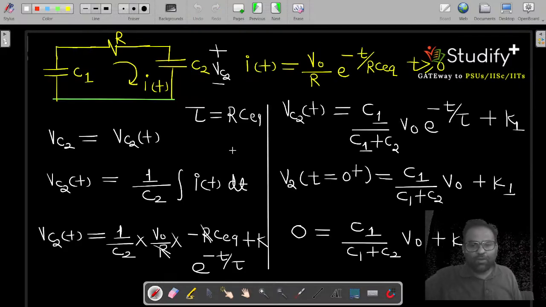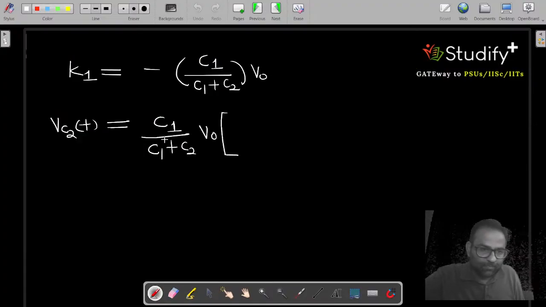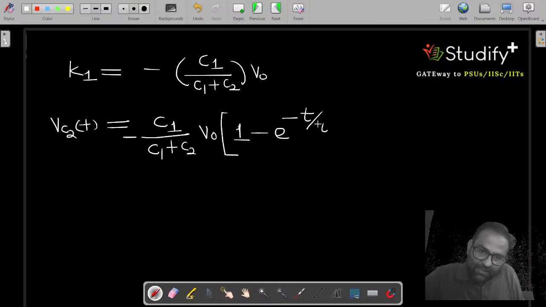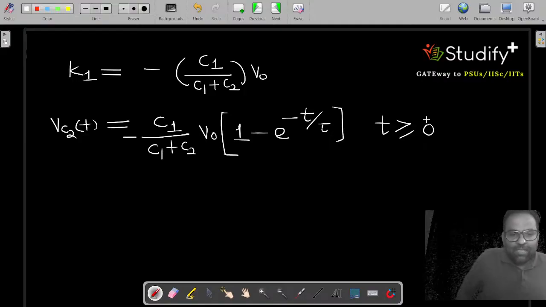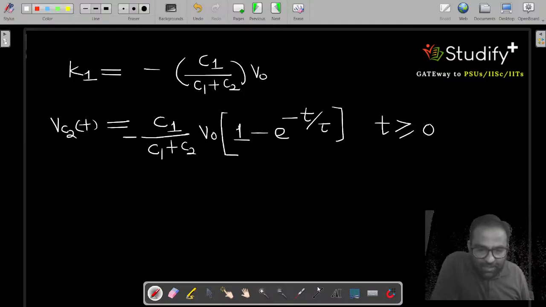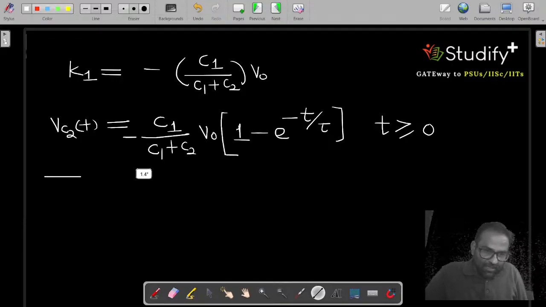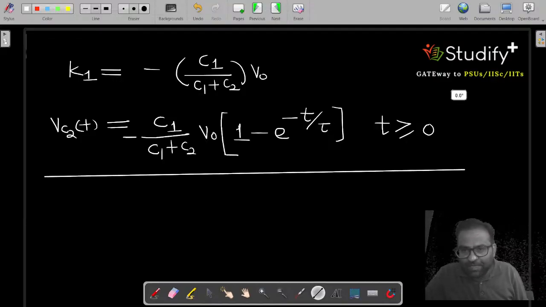If I take common this value, then the answer is 1 minus e to the power minus of t by tau. And this answer is only valid for t greater than or equal to 0. Even if they are not asking for this value, we can develop the understanding that if one variable is known, you don't have to reanalyze the circuit.